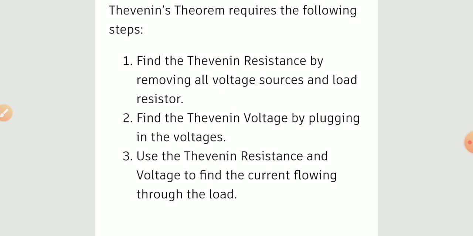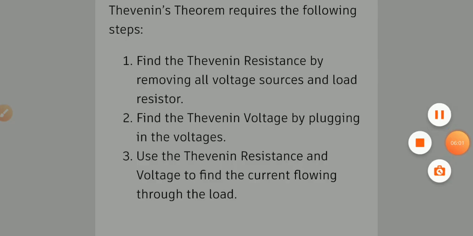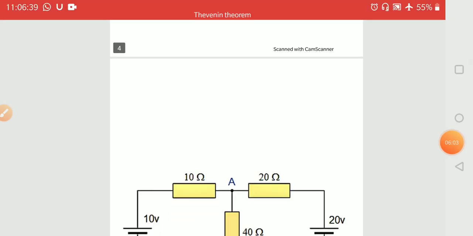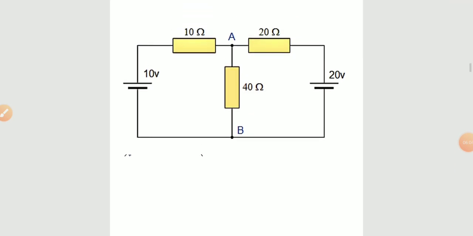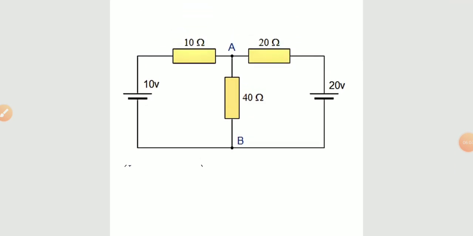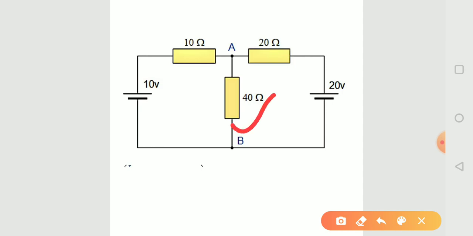In order to understand, let's take a numerical. This is a circuit. We calculate this circuit by Thevenin's theorem for the load at AB. Here the load is the AB terminal. It means the load resistance here is 40 ohm.